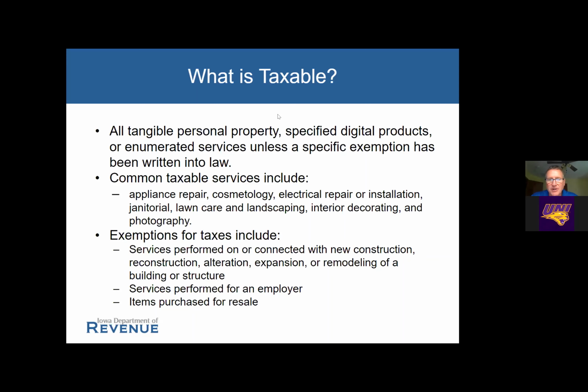I will pay no tax on them when I buy them because the resale exemption applies. Then when I do something with those pens, the applicable tax will apply. If you come into my store and buy some of these pens, I will ring up the sale and charge you the applicable tax at that time, unless, of course, you are tax exempt for some reason. But that's the basic gist of the resale exemption.